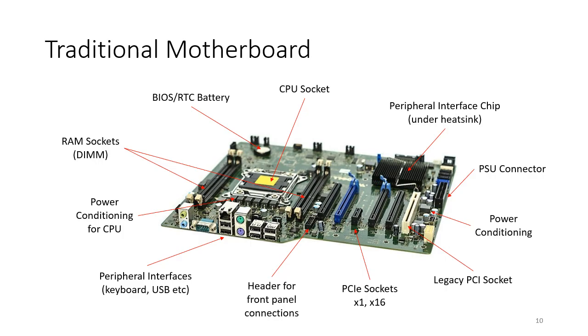Those power conditioning devices are used for the actual power for the motherboard before it's split off to the individual devices. One thing about the power supply is, with that power conditioning, the quality of those power conditioning chips and devices can make a significant difference in the quality of the motherboard. It can affect performance, it can affect stability, and it also affects the life of the motherboard as well. So maybe for a gaming computer it's not so important because it's not on 24/7, although I know some gamers who are playing computer games a lot.